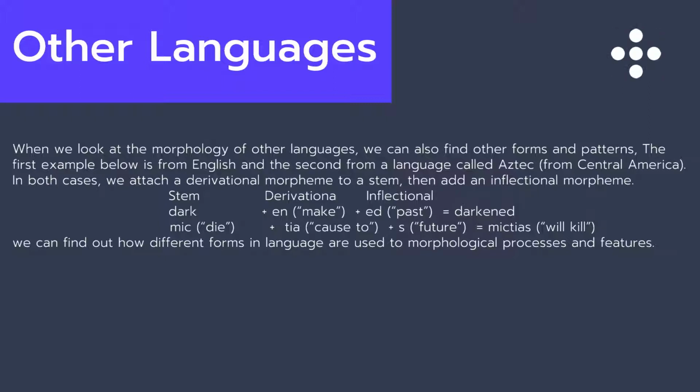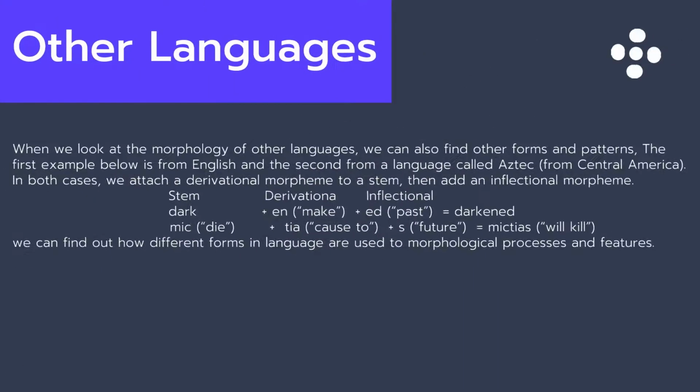Other languages. When we look at the morphology of other languages, we can also find other forms and patterns. The first example below is from English and the second from a language called Aztec from Central America. In both cases, we attach a derivational morpheme to a stem, then add an inflectional morpheme.